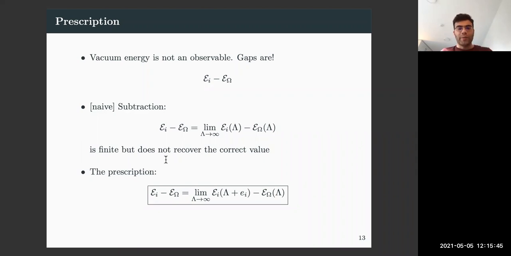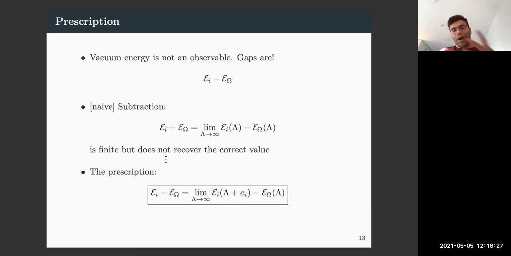So one would expect that maybe by finding the difference of these energies, we find the observables, the gaps, by some subtraction: we have the matrix, we take a U, we cut off lambda, we find the matrix, we diagonalize it, we have the ith states, and we subtract the ground state of the same cutoff. If you do that, the answer would be finite, but it doesn't recover the correct value. In particular, it doesn't even converge. It's bounded, it doesn't grow, but it doesn't converge.